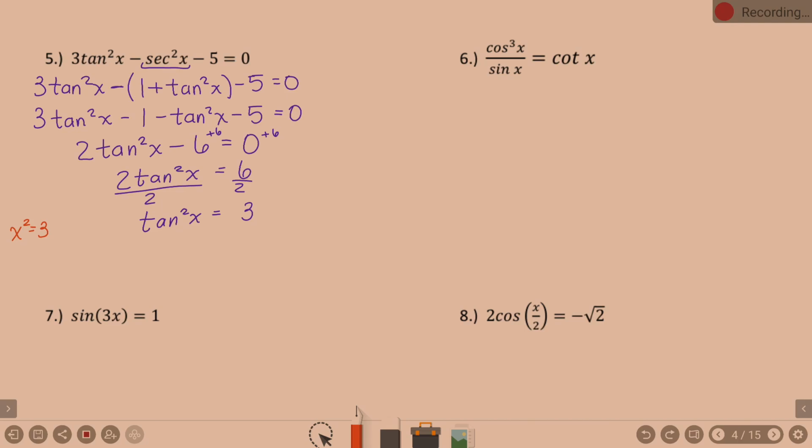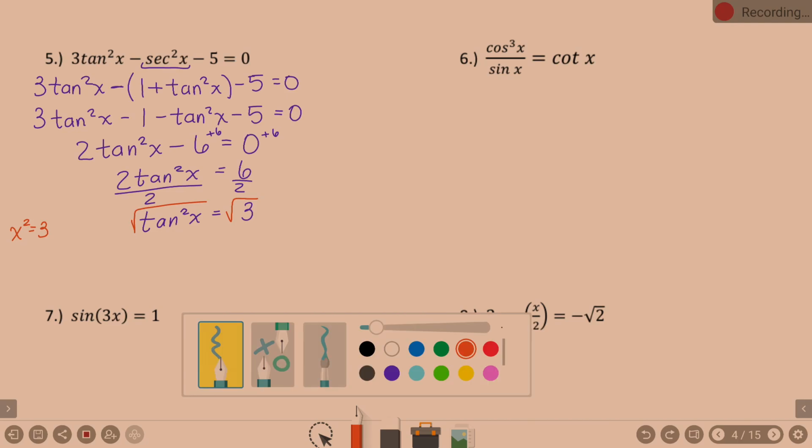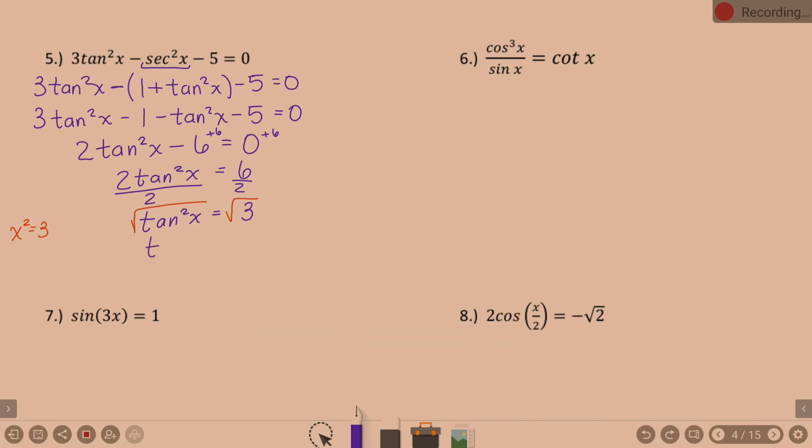You would take the square root. So it's tan squared x equals 3. So what are we going to do? We're going to take the square root. The square root of tangent squared x is going to be tan x.